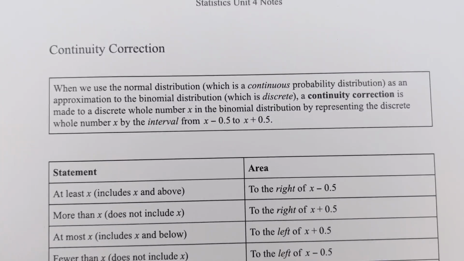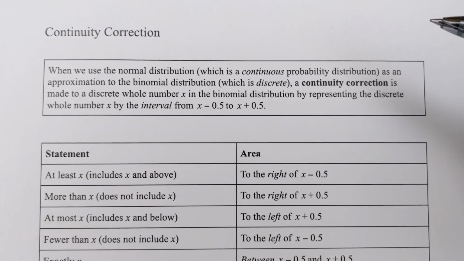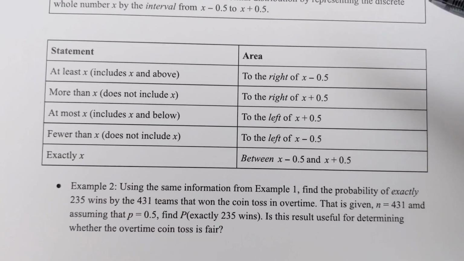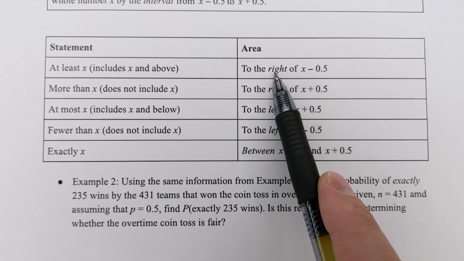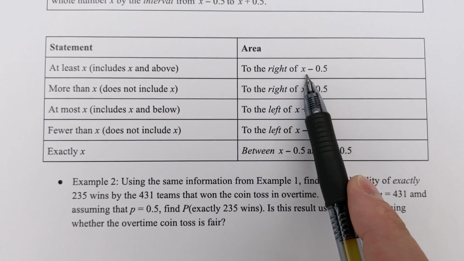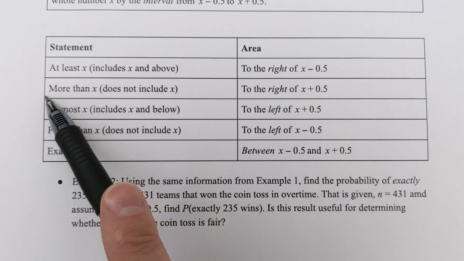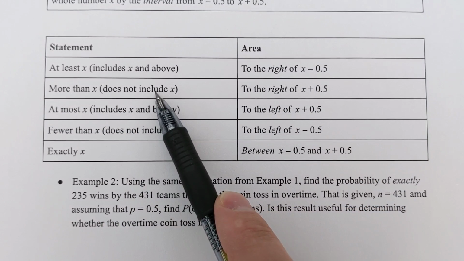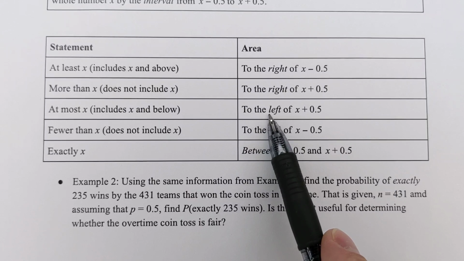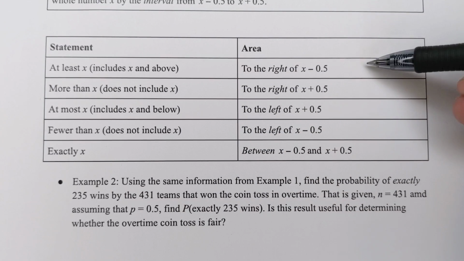Okay, so this brings us to continuity correction. So this is kind of what we talked about before. So it gives us kind of a breakdown. So if your statement says at least x, you find the area to the right of your value minus a half. More than, to the right of your value plus a half, because you can't include your value. At most, to the left. So these two, we'd have to do our 1 minus step.